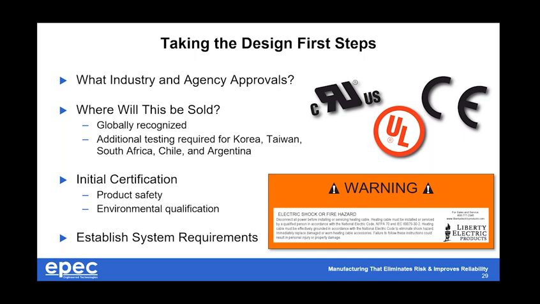So for example, there's CSA specifications that we need to comply with that are needed to sell a certain product in Canada. Versus there's other UL requirements that we may or may not have that give the approval to be sold in the US or other places in the world.